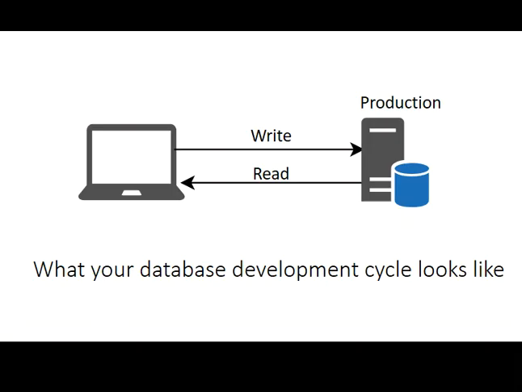Okay, so if you're like me, sometimes your development cycle is pretty much you have your production database, you have your development machine, you might write to it, it might go through a DBA if you're lucky, or sometimes it's not so lucky.